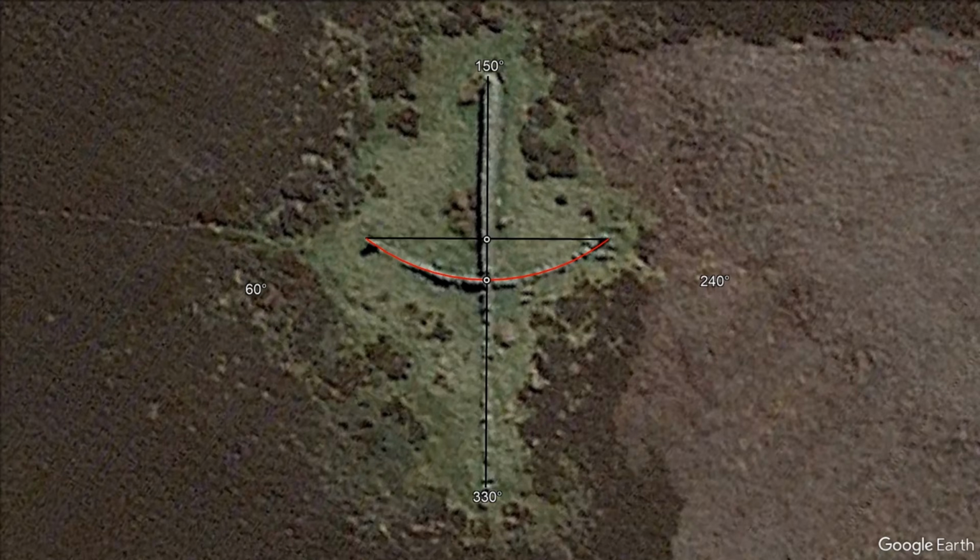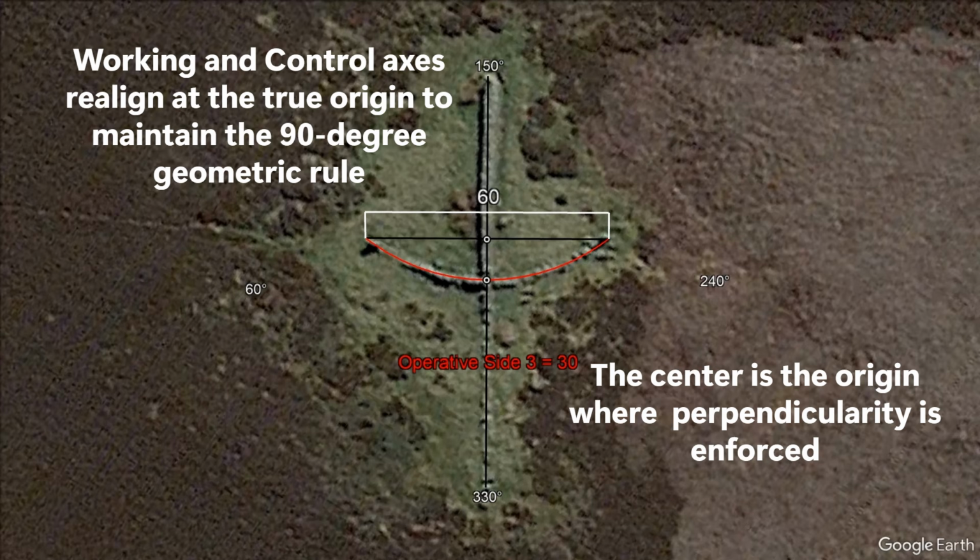So now that we've switched our axis 90 degrees, this requires us to use the sides that are 90 degrees of the hypotenuse, which is the 30 and 40 side.